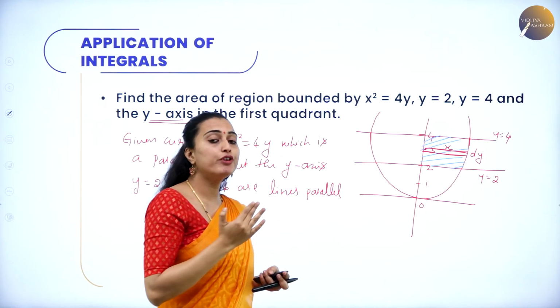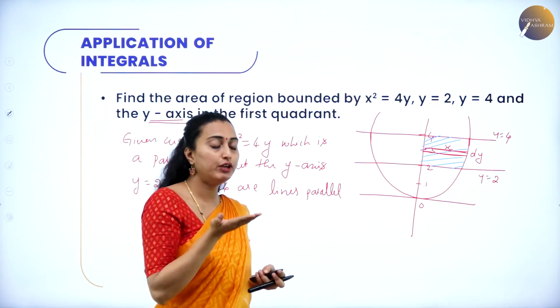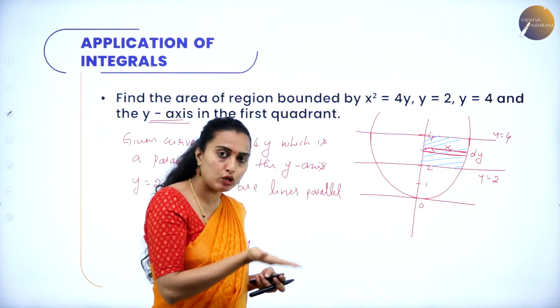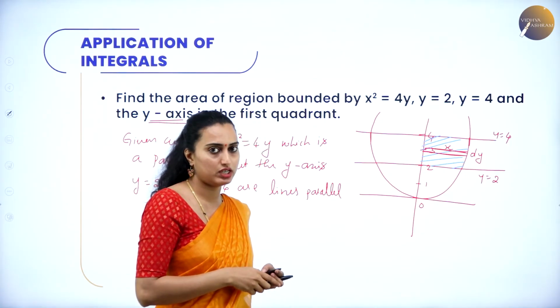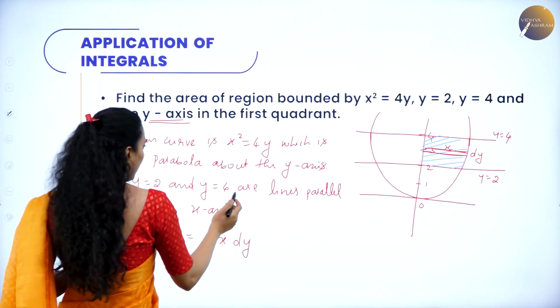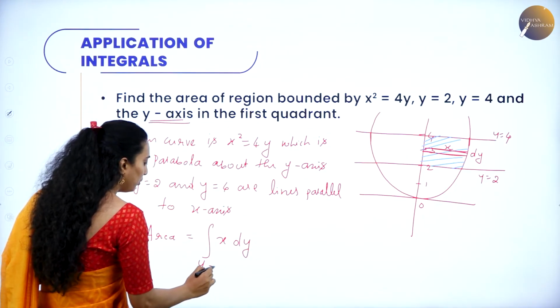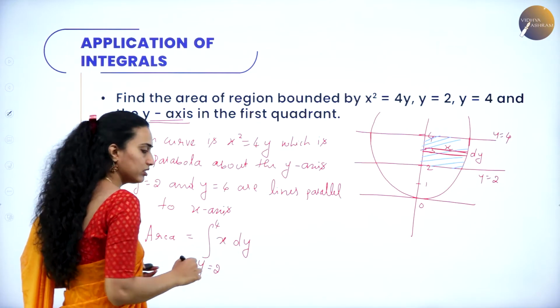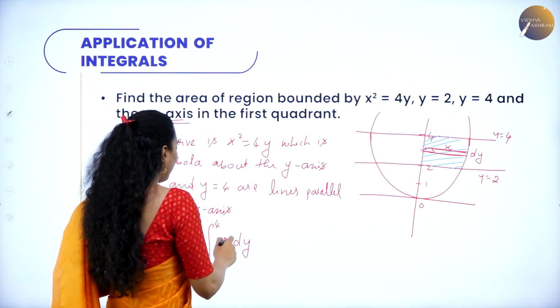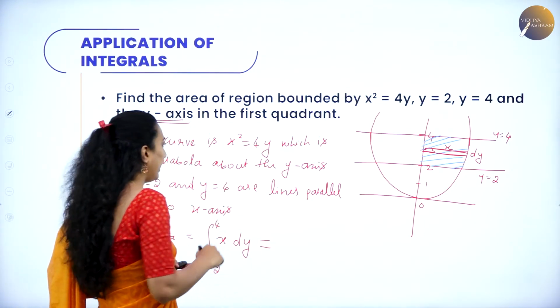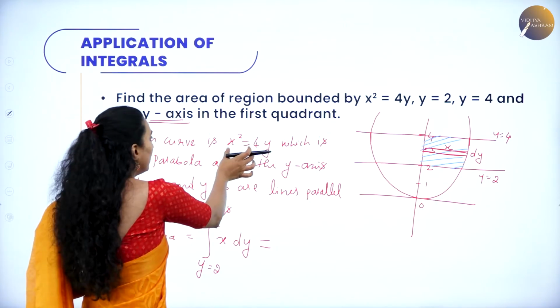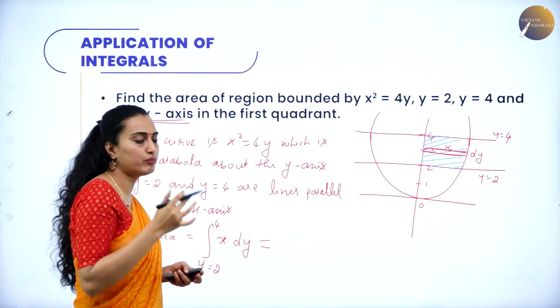Okay. When you are moving on the x-axis, you go left to right. When you are taking about the y-axis, it means from below to above you are going to take it. So therefore from y is equal to 2 to 4. Right. That's it. So now what is x? X in the given curve we are going to change it for x in terms of y.